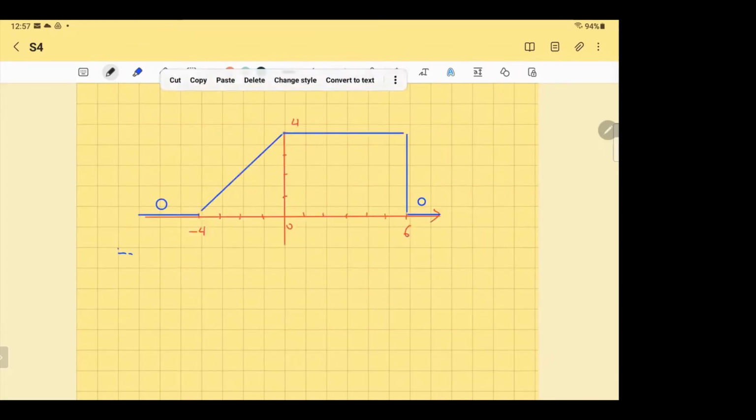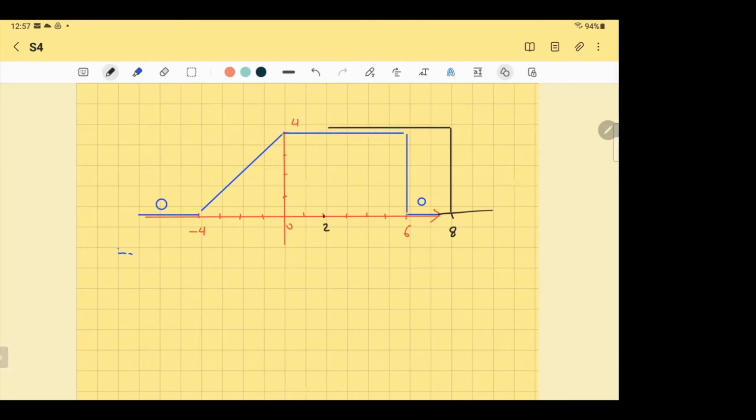Okay, so 0 will be at 2, and 6 will be at 8. 8 will be a straight line at 4, and up to 2, and -4 plus 2 will be -2. And then you will make a straight line like that, and 0 like that. So you shift by 2 units.